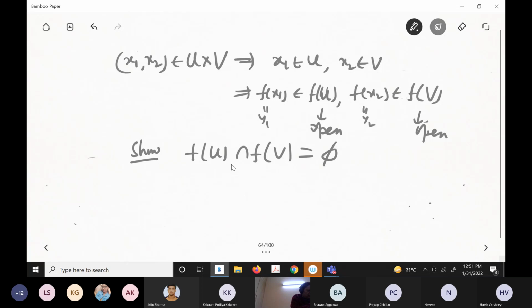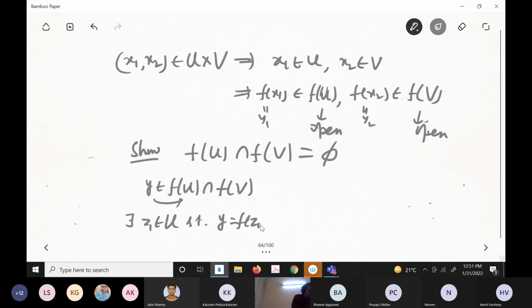Look, if you have a point common here, you should know what will happen. If you have a point here, it implies there exists, don't take x1, x2, z1 belongs to U such that y equal to fz1. Similarly, there exists z2 belongs to V such that y equal to fz2. So y equal to fz1 equal to fz2, so that fz1 equal to fz2.